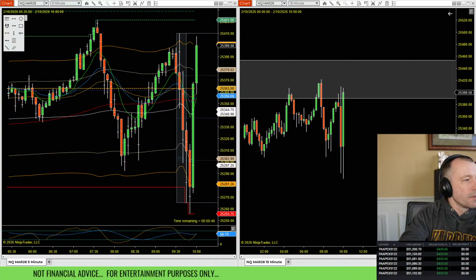All right, we're getting a little bit of resistance here at this VWAP standard deviation. I would have a hard time taking a break right here just because we haven't had any kind of pullback on this push up for the last 10 minutes. No pullback whatsoever.